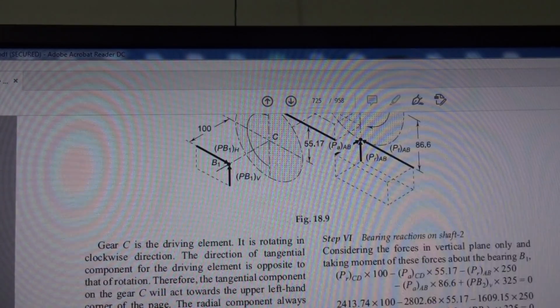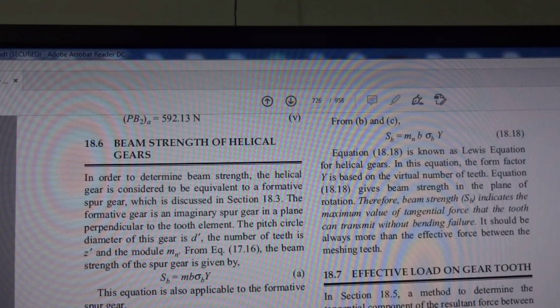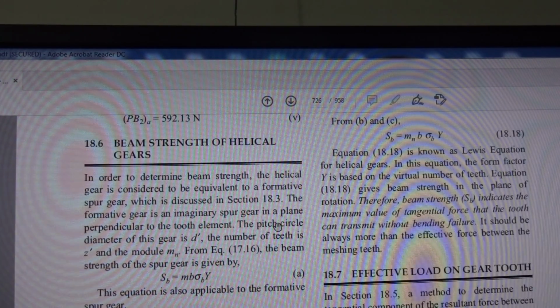You can refer to these books. Now the next topic is the beam strength of helical gears. A similar analysis is done as compared to the spur gear. Here Mn is the normal module, the pitch circle diameter of the gear is D dash, and the number of teeth is Z dash.